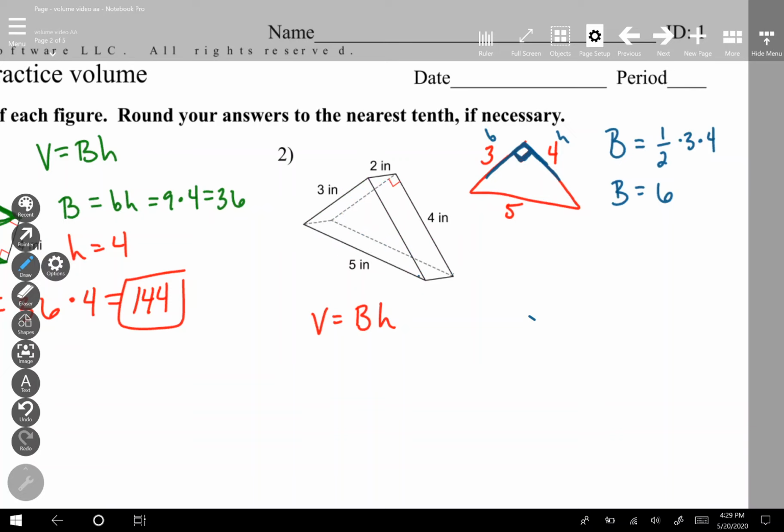Let's think about it. 3 is just the scale factor. 3 squared, which is 9, that's the scale factor squared. 3 cubed, which is 3 times 3 times 3, that's 27. So that's where we get that. It's the scale factor, which was 3, raised to the 3rd power.